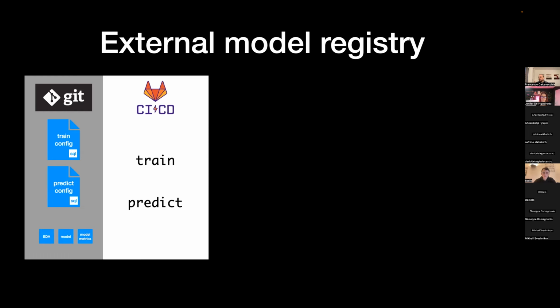And where do you store them? Why not put them directly in the same Git repository? In this Git repository, you could have input and output. And this is actually possible, and especially CML, one of the tools from Iterative, can help you in that. But we decided not to go this way.